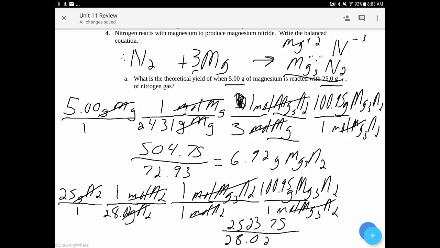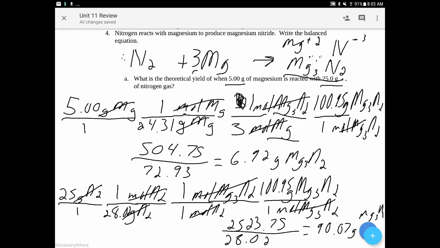So now we take our 2523.75 divided by 28.02, and we get 90.07 grams Mg3N2. Sorry about the lack of space there.